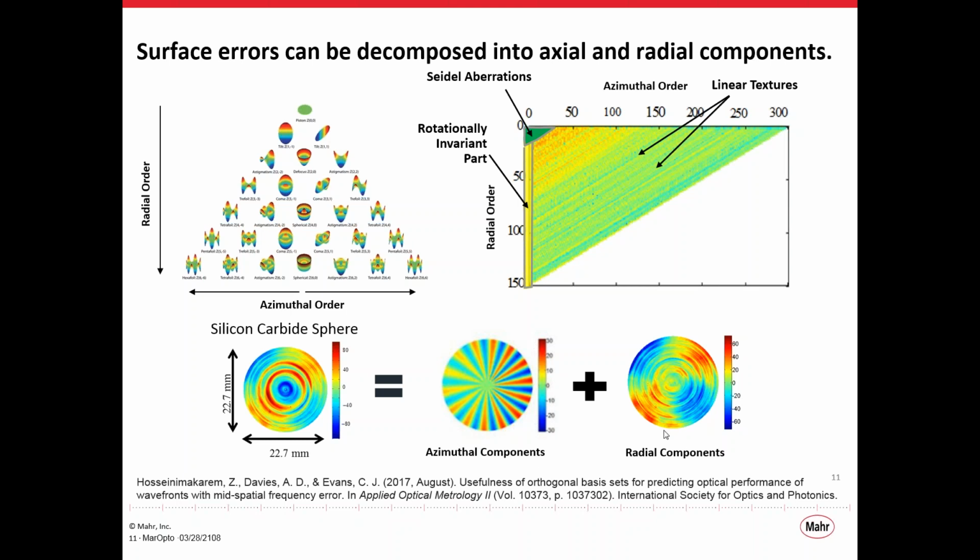That's a set of polynomials that are often used to describe errors in optical surfaces. One way of visualizing these is in this triangle, where you plot increasing radial orders from the vertex of the triangle down, and increasing azimuthal surface orders from the center of the base out.